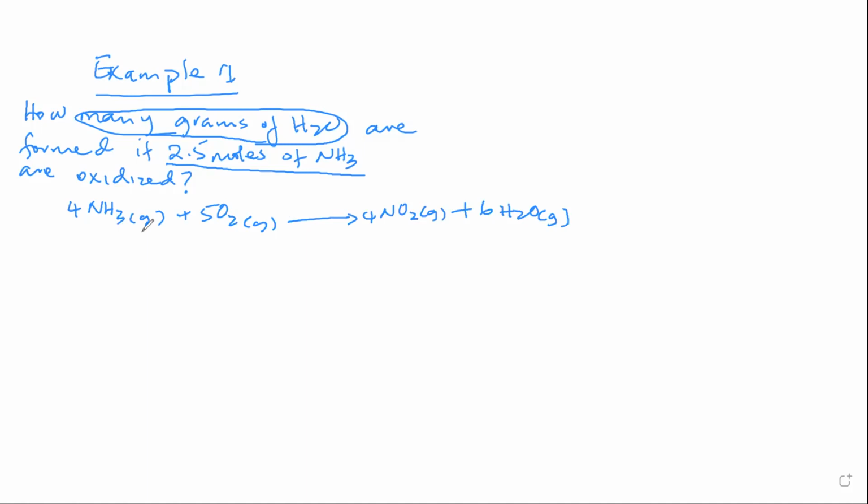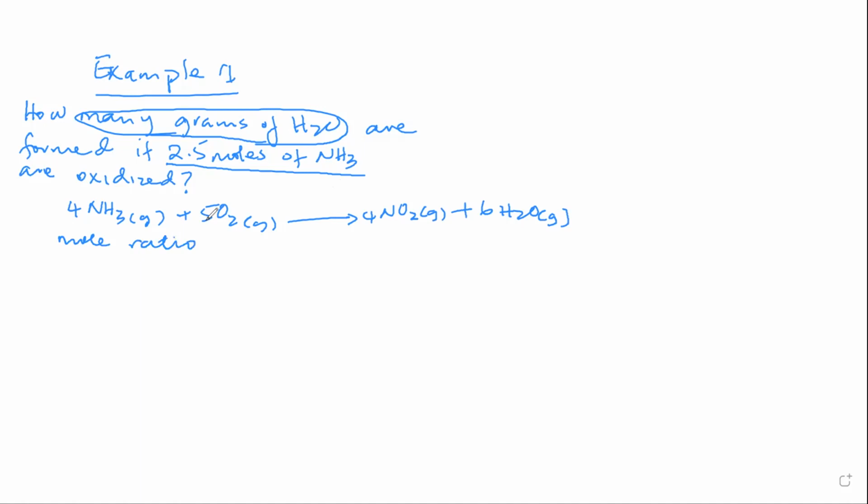Here we are going from moles to grams of water, but we can't go straight to grams of water. We have to go from moles of ammonia to moles of water. For us to do that, we need a mole ratio.